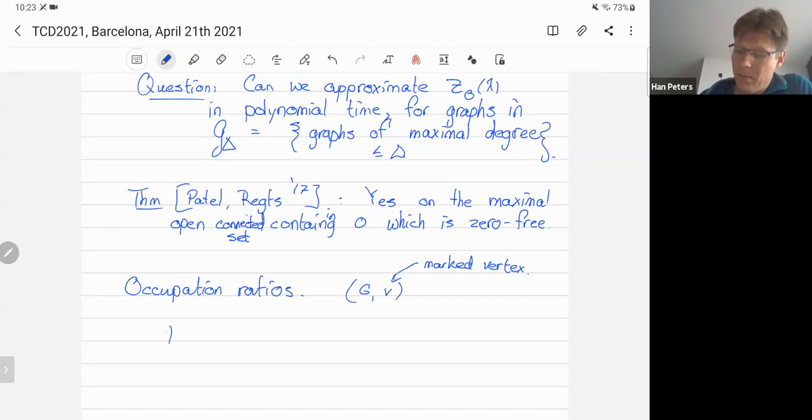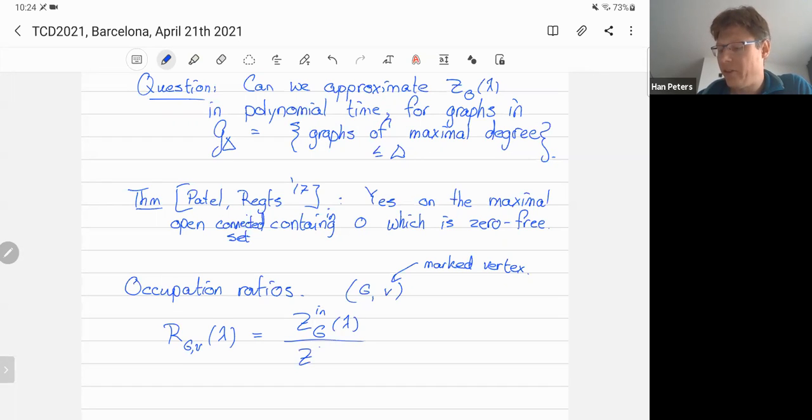Then the ratio of my graph and my marked vertex at lambda is Z in divided by Z out.